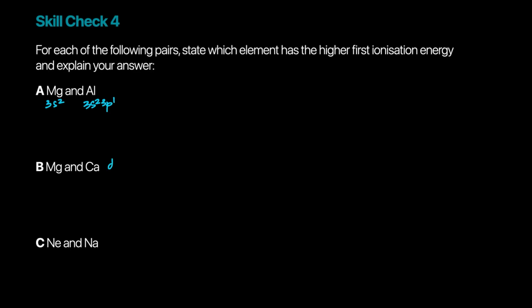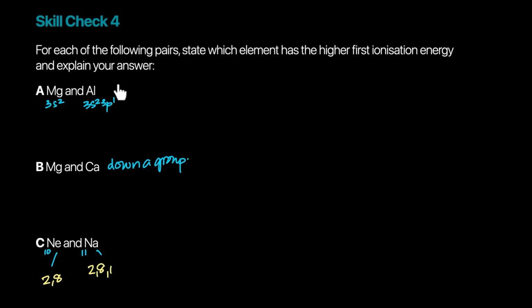Magnesium and calcium is going down a group. And neon and sodium are elements number 10 and 11, but this is period 2 and this is period 3. That makes a difference. Why? Because in neon the configuration is 2,8 and sodium is 2,8,1.